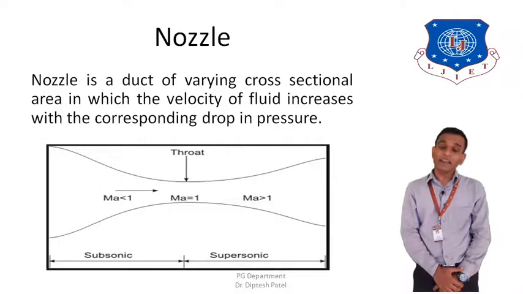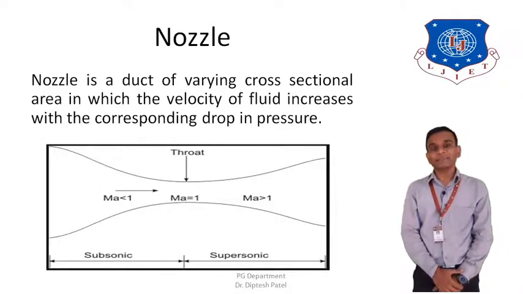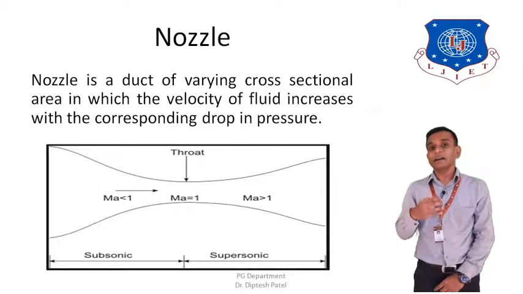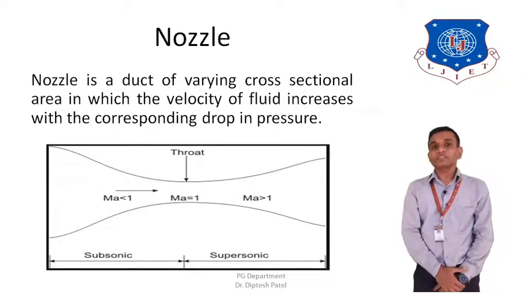On the other hand, if we consider compressible flow, let's say gas or vapor flowing through the nozzle, then the velocity is increased because of the sacrifice of pressure as well as enthalpy, or you can say energy. So these are the two different types of flow which take place in the nozzle.